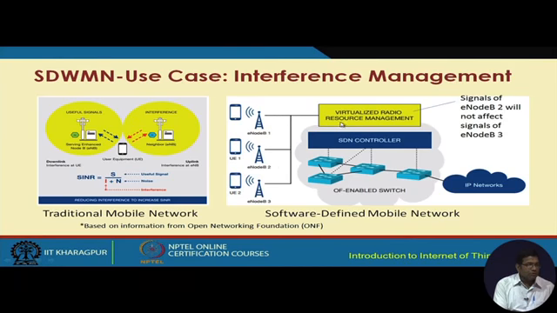This unit takes care of issues such that the signal of E node B2 and the signal of E node B3 do not affect each other. That means the signal of E node B2 will not affect the signal of E node B3, where affect means through interference. This is made possible through this virtualized radio resource management unit, which has been proposed in this particular protocol or solution, which is SDWMN.